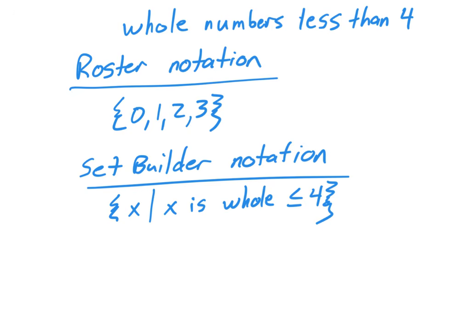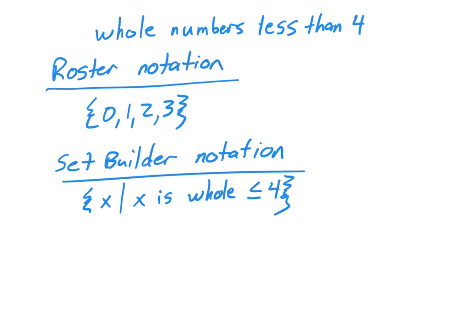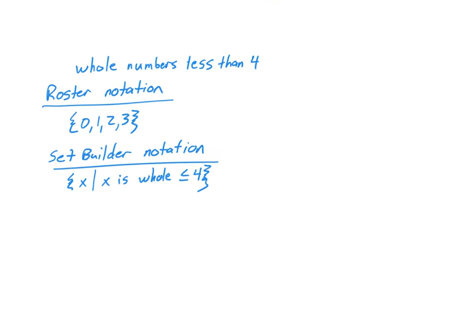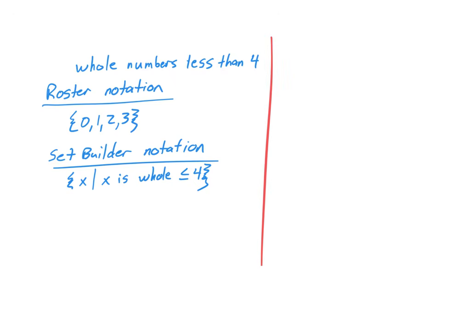Okay, so that's kind of the difference between those two sets. We could list it out, or we could just write it out as some type of terminology. The reason why this would be better, if I said whole numbers greater than 4, well, let's just talk about that real quick. I'll just do it right next to it. And let's do integers.